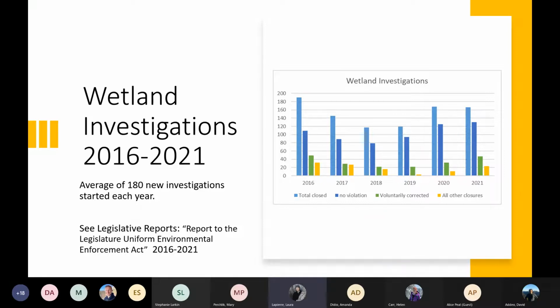On average, we have 180 new investigations a year, where what we're finding is, more than half of them are found not to be violations, but we definitely do find them, and we work for voluntary corrections, and in other cases, if necessary, we take it to the next level that may require litigation.